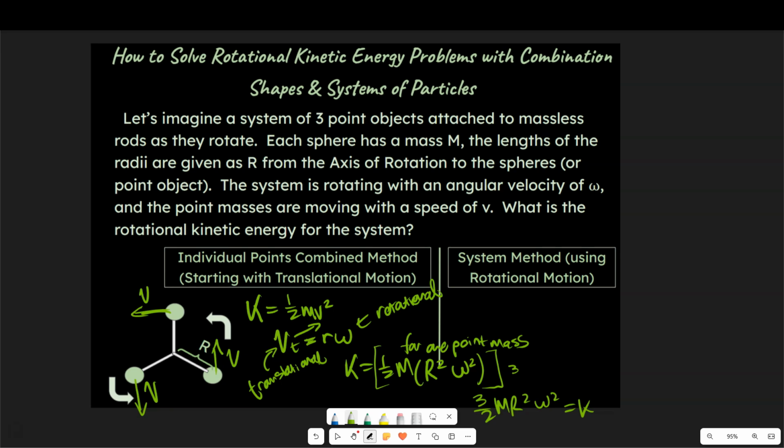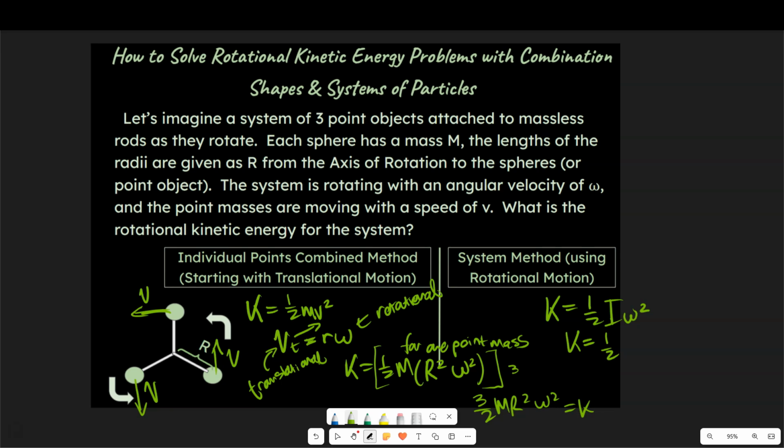Alright, now let's treat this as a system. So another way to approach the problem is instead of treating them as individual points using translational motion, let's think of them as a rotating system and see what happens there. We do have the rotational version of kinetic energy, so we can go ahead and write that, and what we need to think to ourselves is what is this I value?